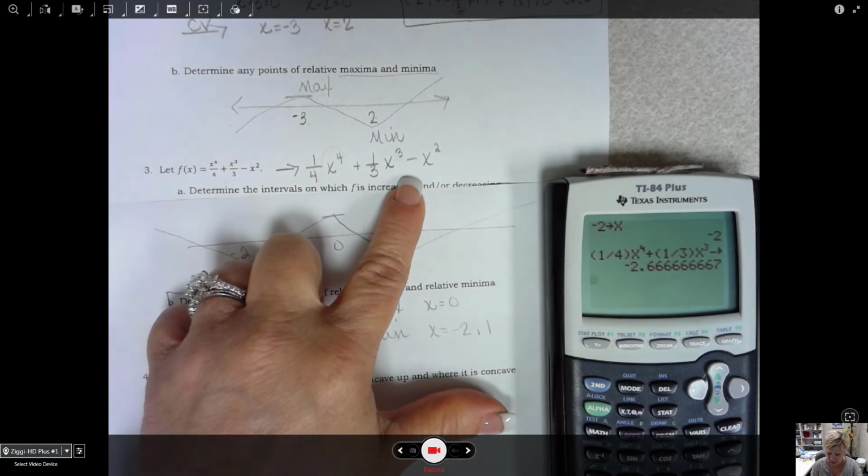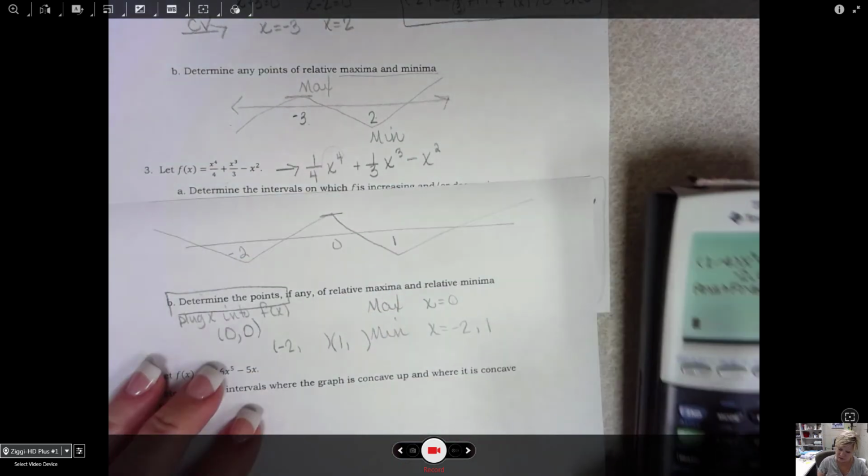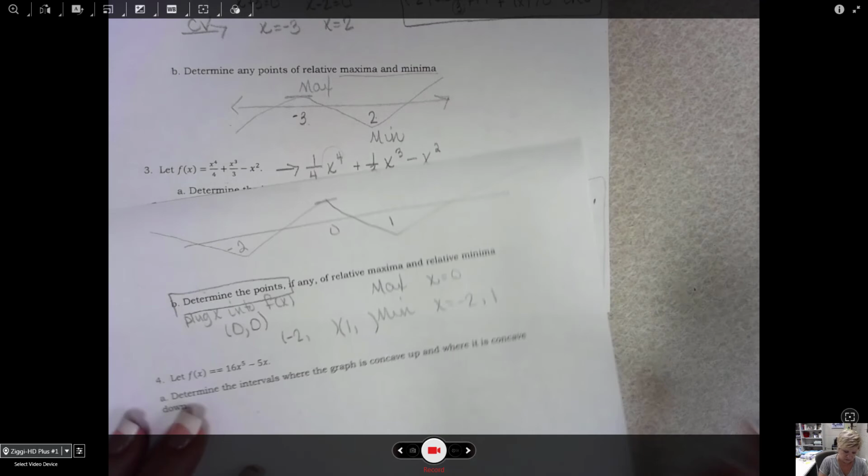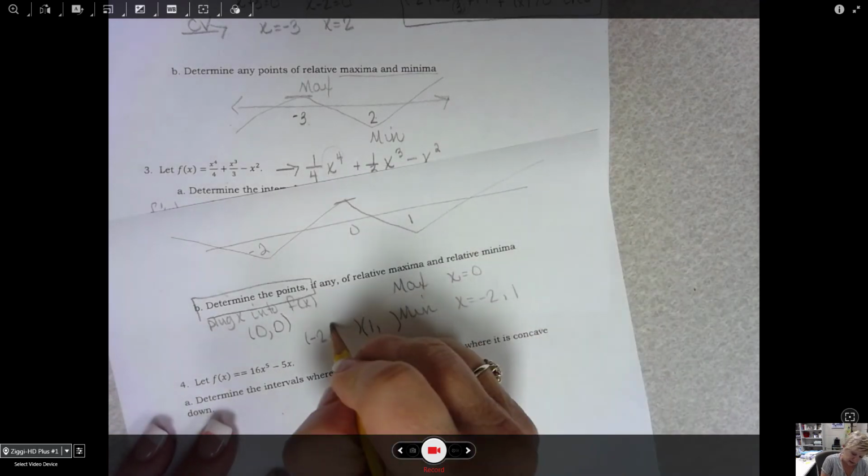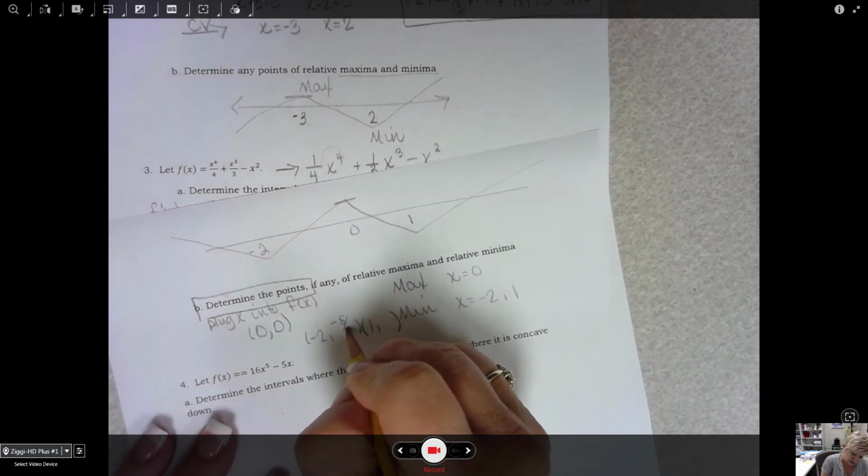And I get a crazy number, so let's put that as a fraction. And that would be negative 8/3. So negative 8/3.